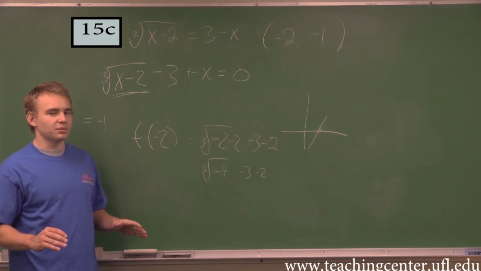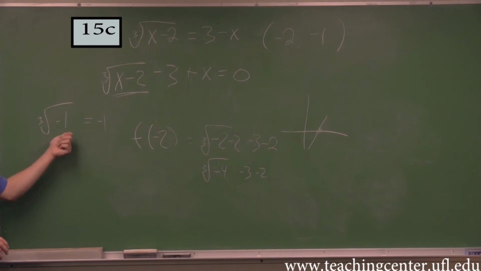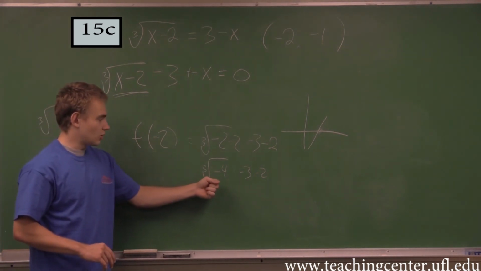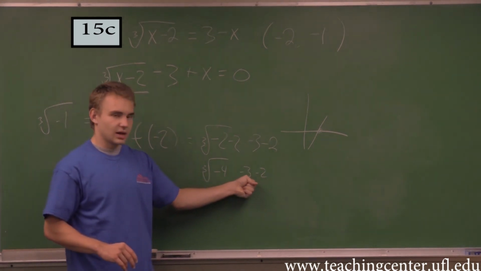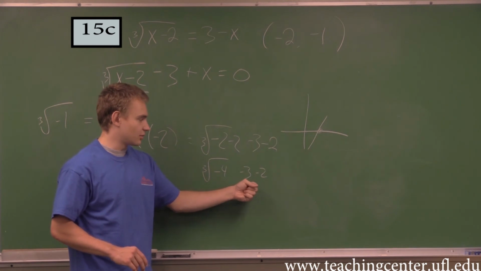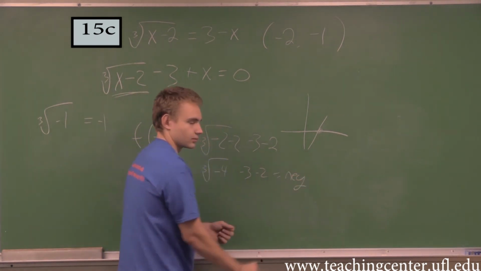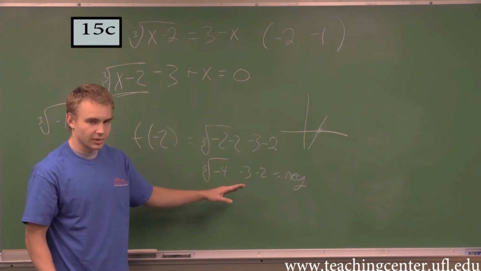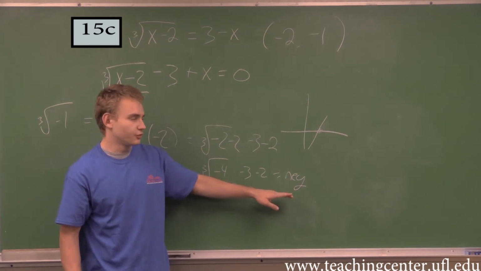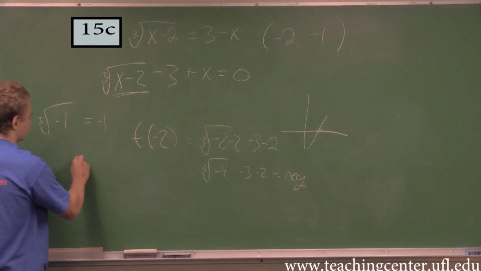It'll be some nasty number, but it will definitely be negative, just like cube root of any negative number is going to give you a negative answer. So negative, minus a number, minus a number, it's going to give you a negative answer. Okay? I don't know what it'll be. It'll be some ugly number, but it'll definitely be a negative, and that's the only thing I actually care about for intermediate value theorem. Let's try -1.